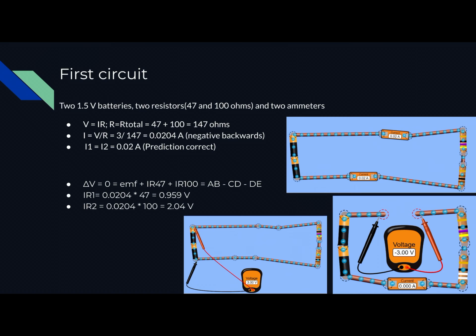Now the change of voltage will equal 0, since both batteries are being subtracted by the two resistors, and there's your answer. As shown in the slide, it shows you the result of how much voltage is generated by each resistor.